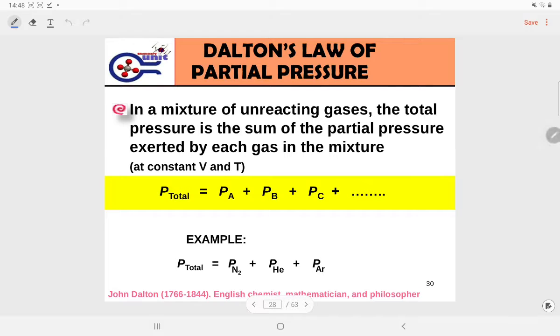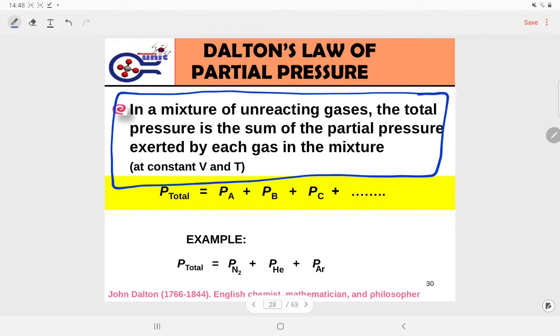So I'm going to proceed our lesson with Dalton's law of partial pressure. This is the definition for Dalton's law of partial pressure, where the total pressure of a gas in a container is the sum of partial pressures of the individual gases present in the mixture.